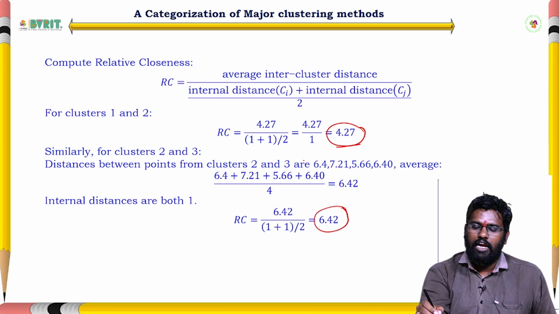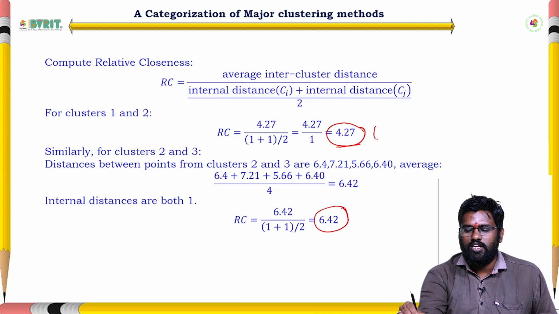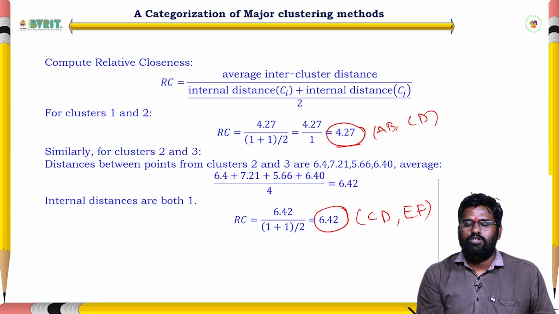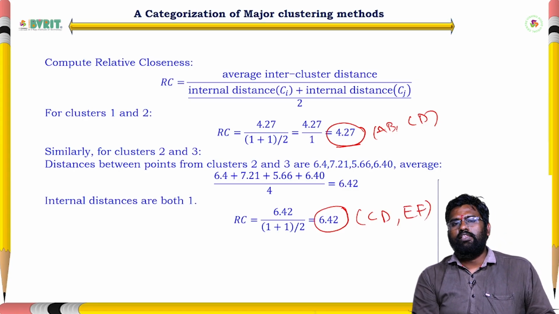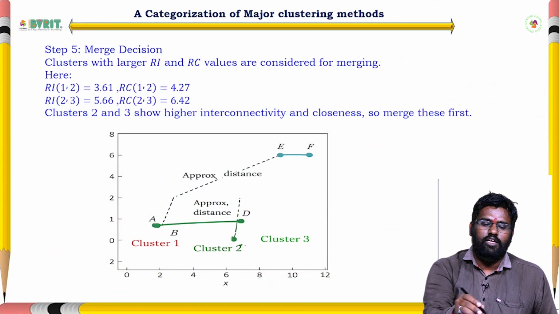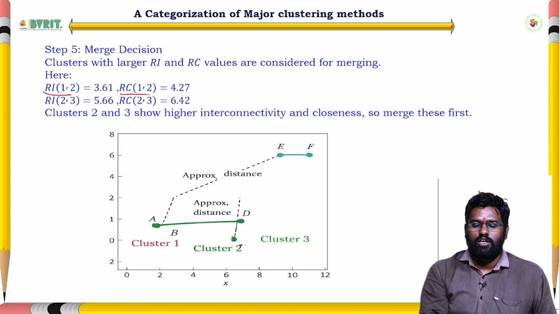These are the relative interconnectivity and closeness of the given two clusters: AB with CD, and CD with EF, the relative closeness comparison. Those values we calculate, then write them down to frame the graph. I wrote RI for relative interconnectivity and RC for relative closeness based on those values.